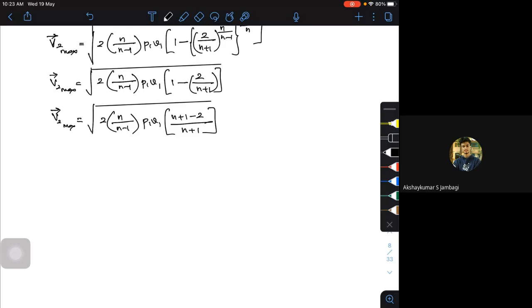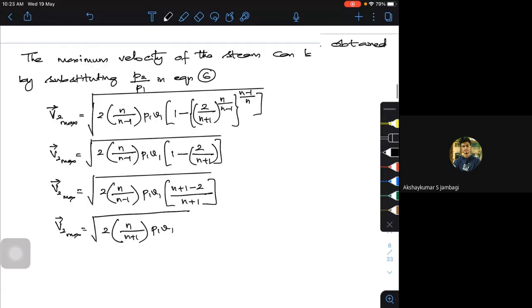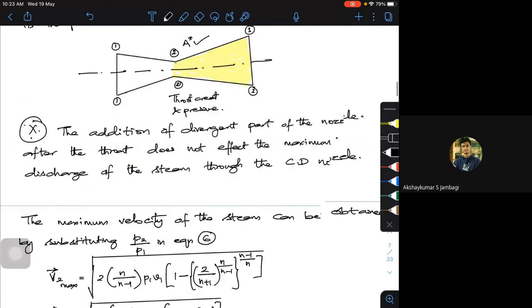So V2 max is equal to square root of 2 into n by n plus 1 into P1 V1, because n plus 1 minus 2 is n minus 1, they simply cancel out. I am calling this equation number 13.